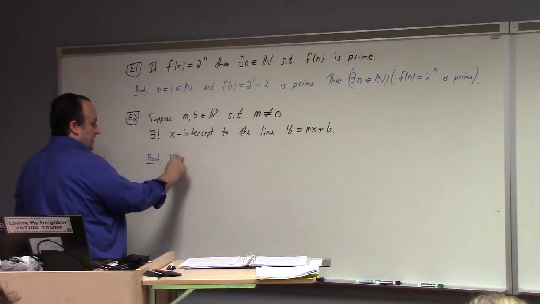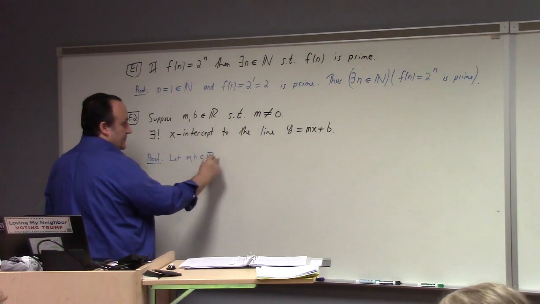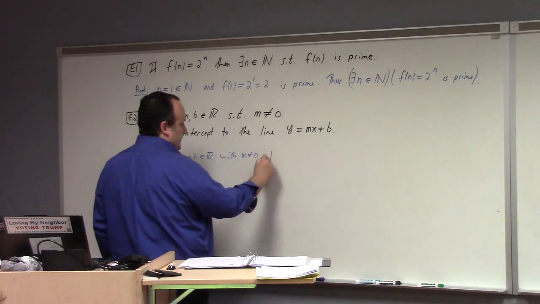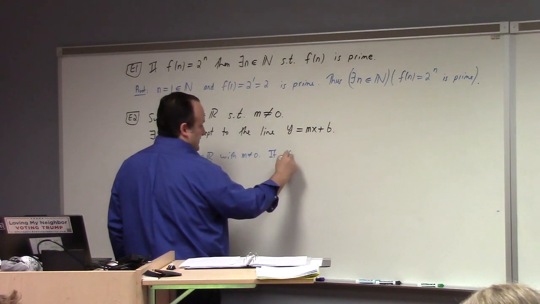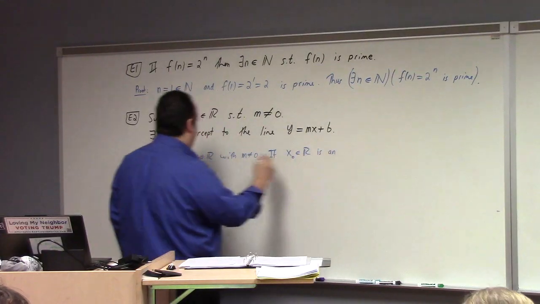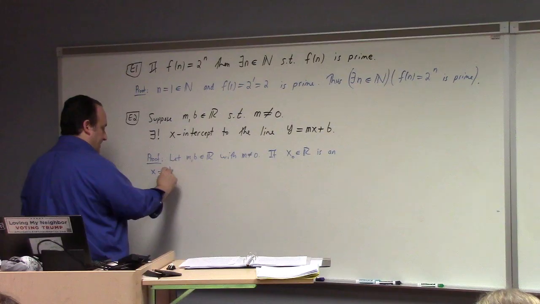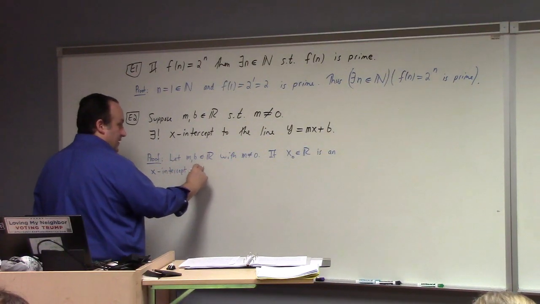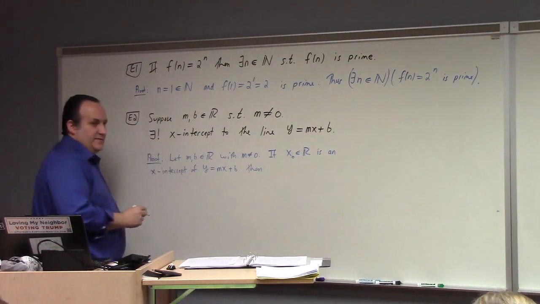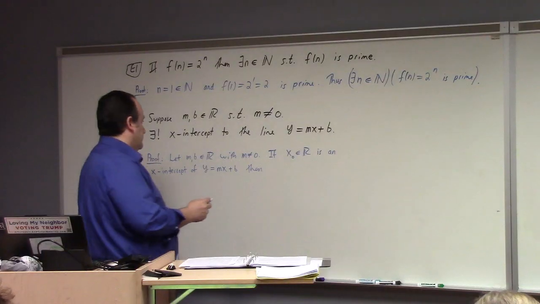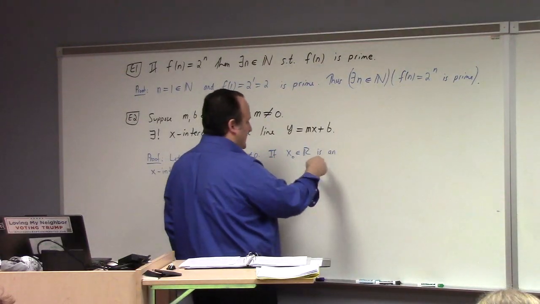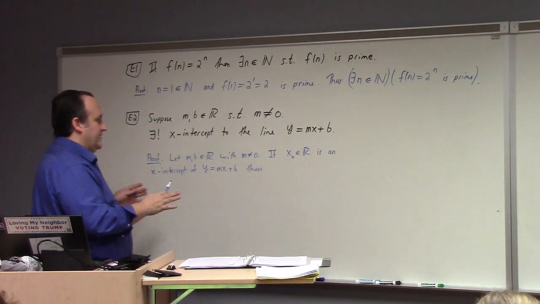let m and b be real numbers with m not equal to 0. If x naught in the reals is an x-intercept of y equals mx plus b, then what do we have? And I shouldn't say is an x-intercept, I should say, this is where the ambiguity comes into play a little bit.